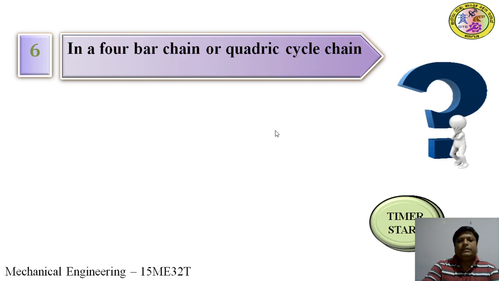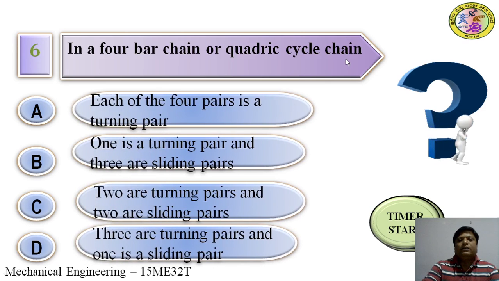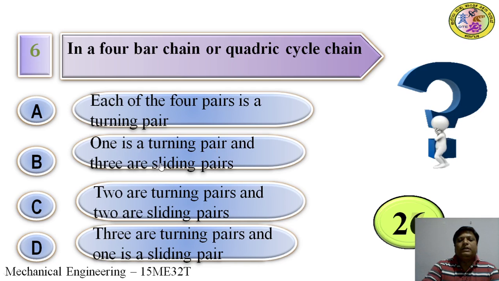Question number 6. In a 4-bar chain or quadric cycle chain: option A, each of the 4 pairs is a turning pair; option B, 1 is a turning pair and 3 are sliding pairs; option C, 2 are turning pairs and 2 are sliding pairs; option D, 3 are turning pairs and 1 is a sliding pair.